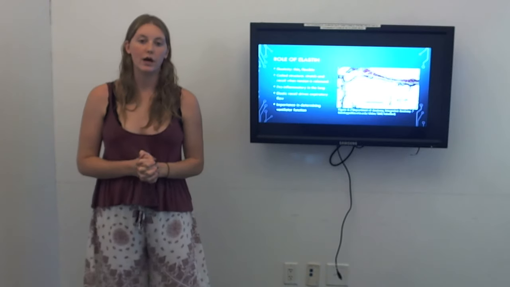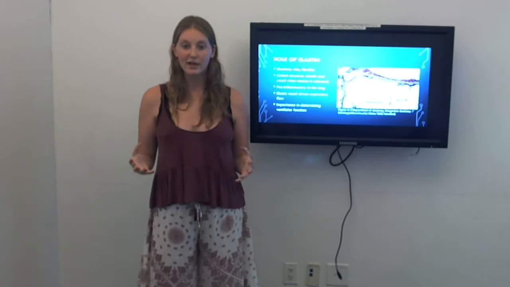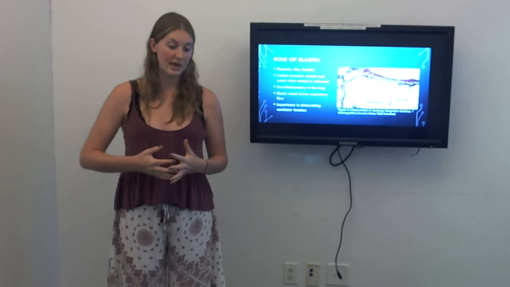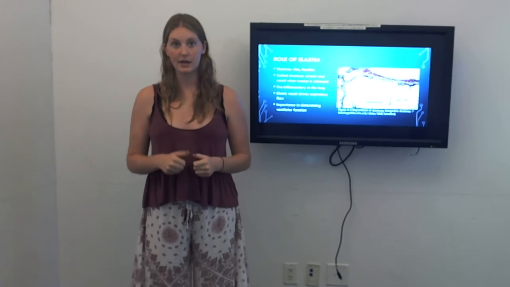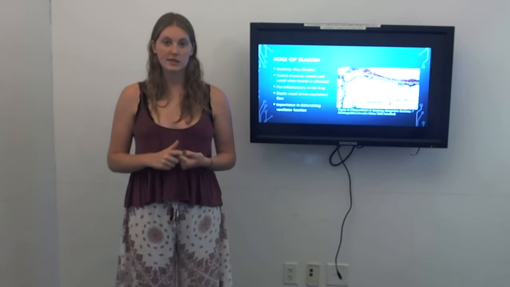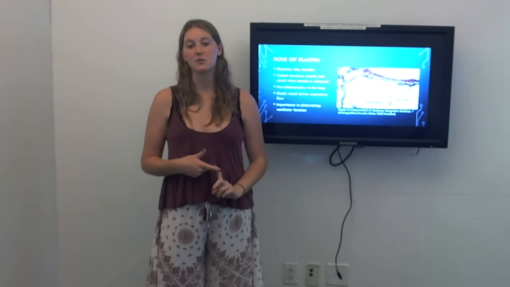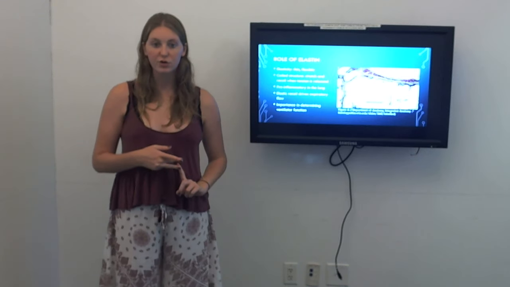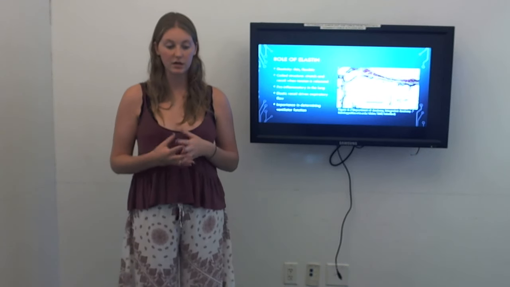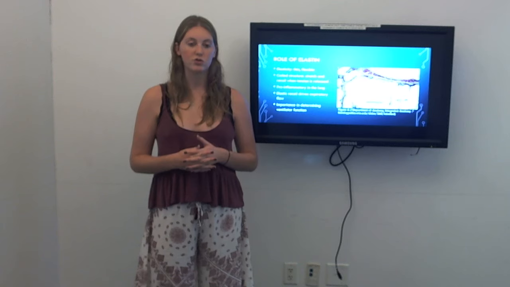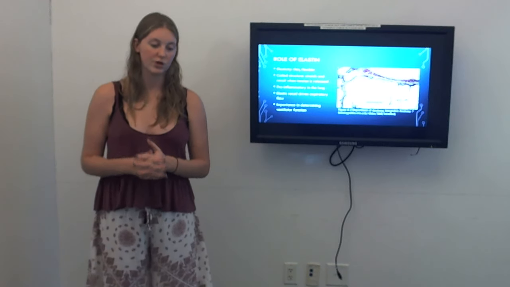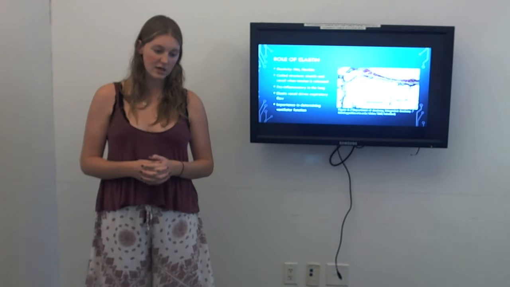Elastin. So the role of elastin is pretty much in its name. It's thin and it's flexible. It's located in the pleura, the blood vascular system, the bronchi, the respiratory units, pretty much everywhere in the lung. The coiled structure allows it to stretch and recoil when tension is released.